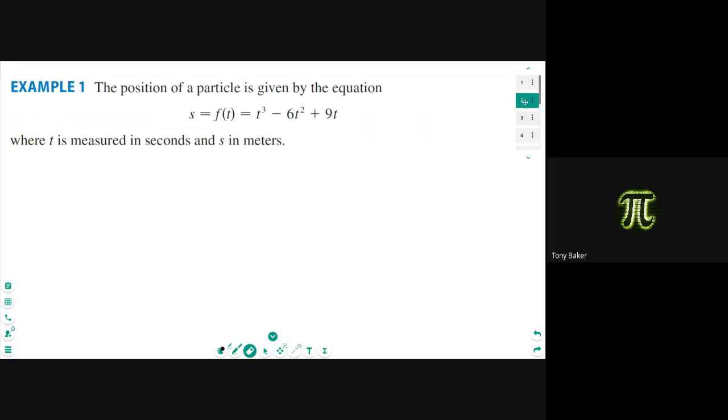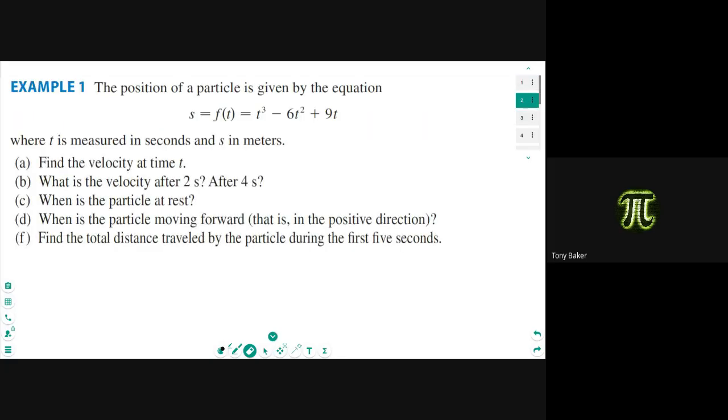So the first one we're going to look at is one that you actually do every single day when you drive. When you're driving in your car, we don't typically think about it this way, but your speed is actually a derivative.